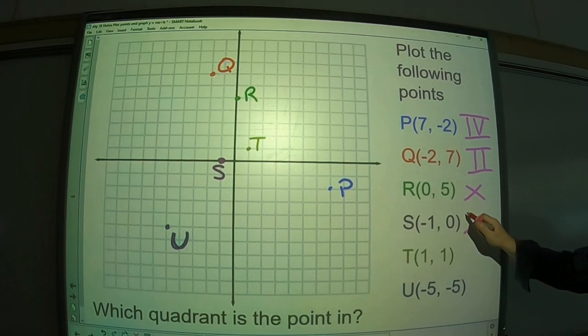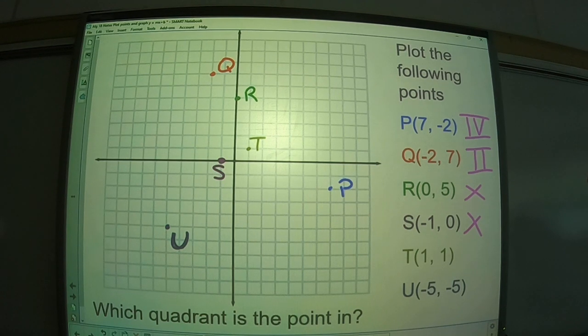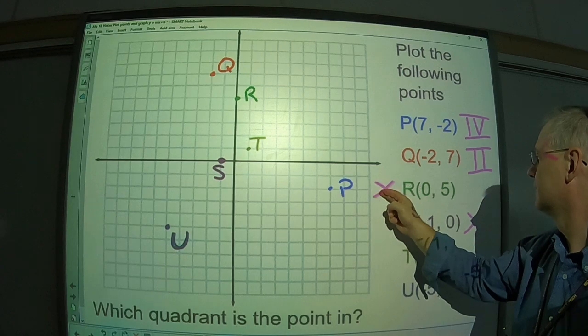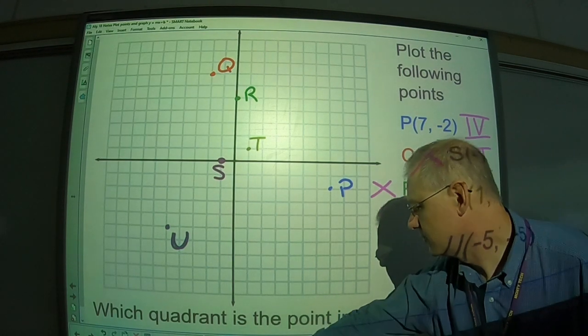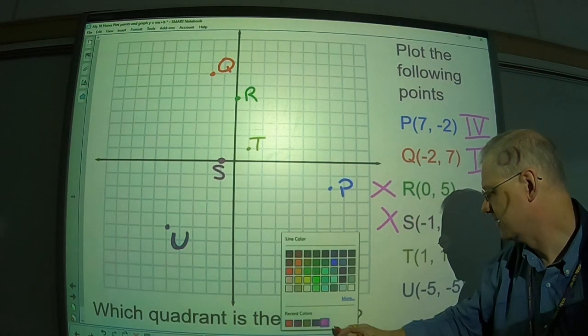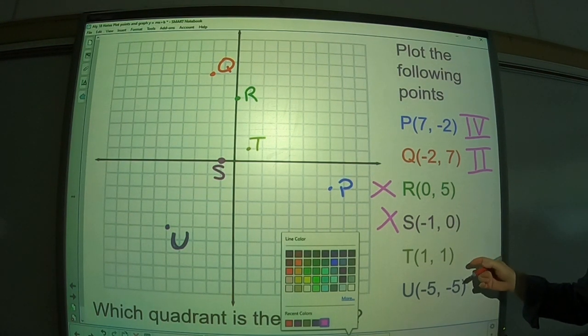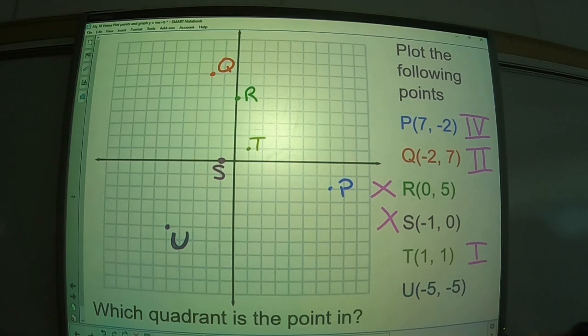S is not in a quadrant. It's on an axis. Maybe I should put those on the other side so we don't get them confused with a 10th quadrant. It's not a 10th quadrant. T is in the first quadrant, and U is in the third quadrant.